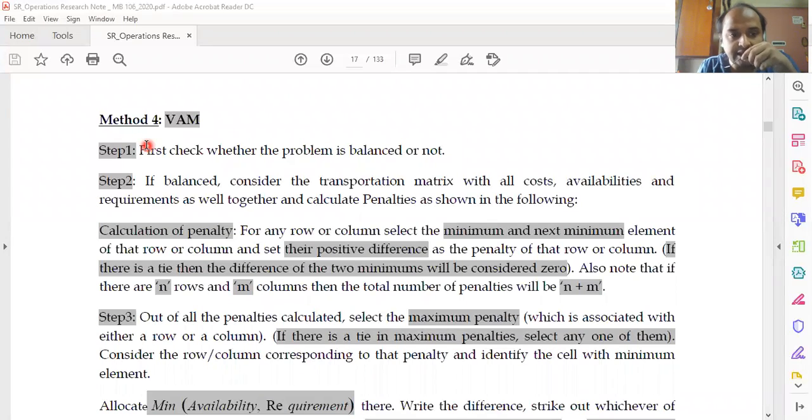And lastly, the method which I'm going to start now is VAM, Vogel's approximation method. If you remember, the transportation costs were different with respect to these 3 methods. Can you recall the transportation cost for the northwest corner method?